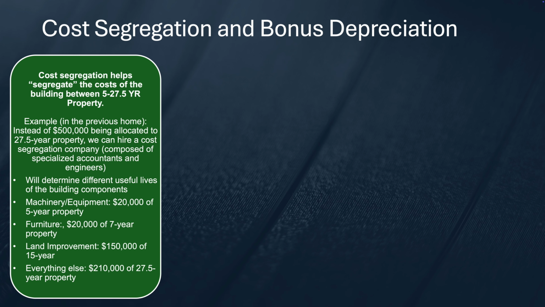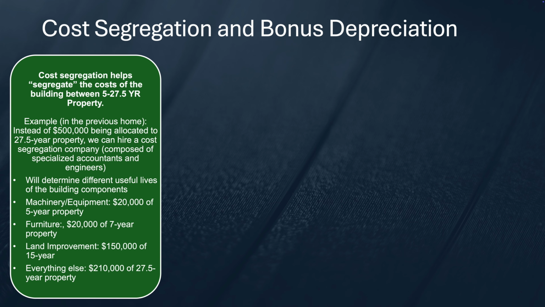A 5-year property would be, for example, machinery and equipment, like your washers, your dryers, refrigerators, furniture, and land improvements. In this example, the machinery and equipment is 20 grand, the furniture is another 20 grand, and the land improvements are 150 grand, and everything else is the actual building that's remaining, so that's 210,000.